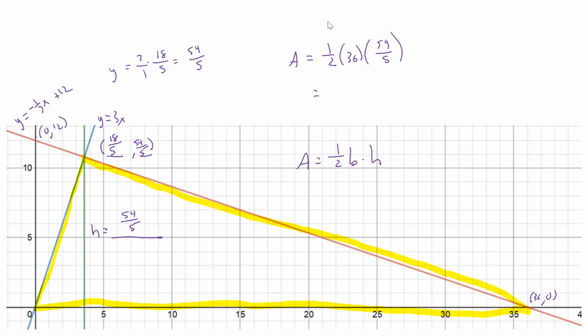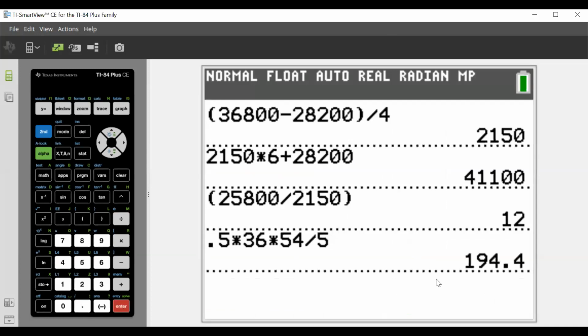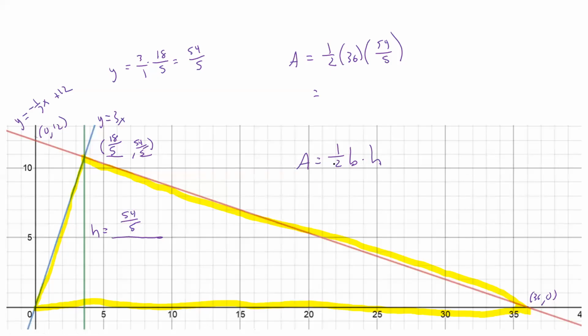It really doesn't matter too much, and I don't think this problem actually said. So let's multiply it here. We have 0.5 times 36 times 54 divided by 5, and we get 194.4.